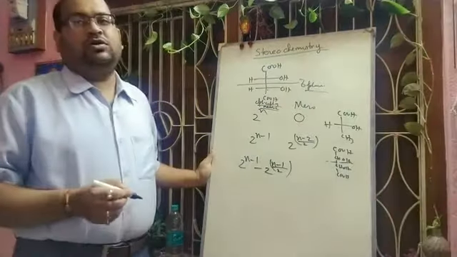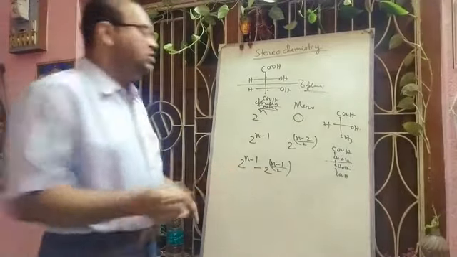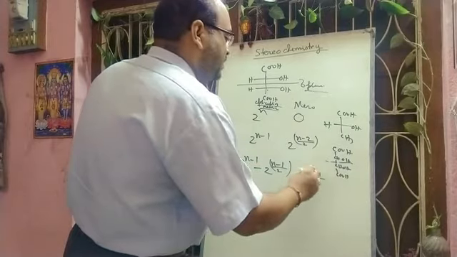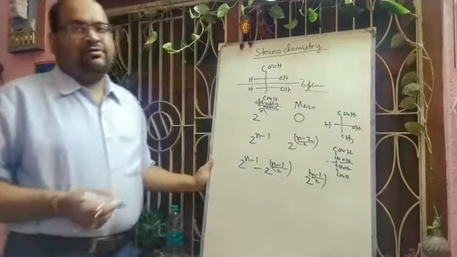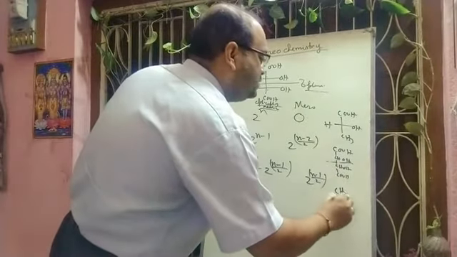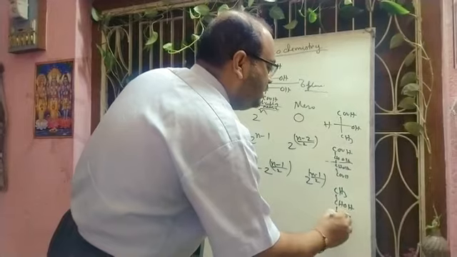So this will be the optically active, and meso will be 2 to the power n minus 1 by 2.